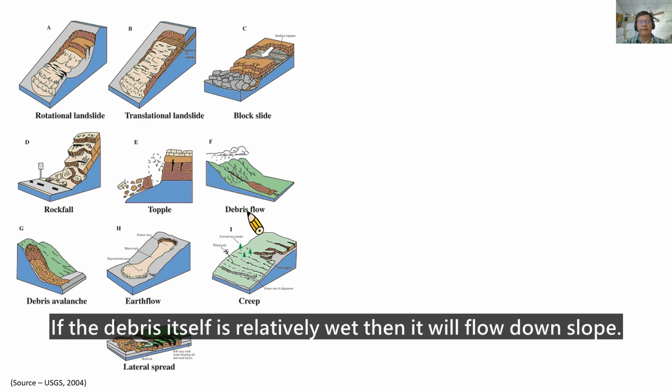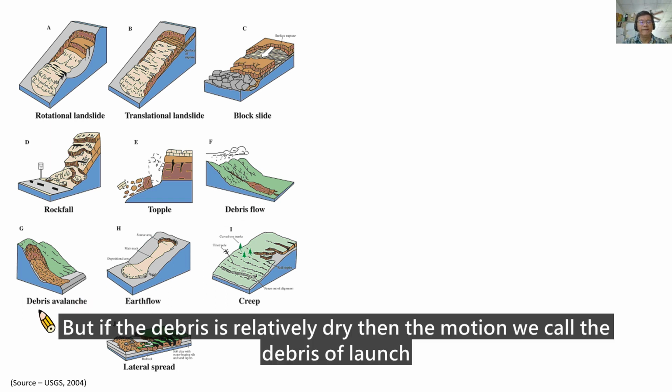If the debris itself is relatively wet, then it flows like wet cement. If the debris is relatively wet, then it will flow downslope. But if the debris is relatively dry, then the motion we call the debris avalanche.